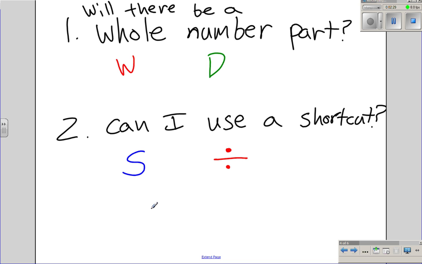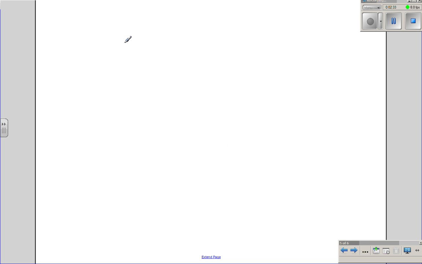So let's do an example problem. If I'm going to convert 3/4 to a decimal, first question, is there going to be a whole number part? Well, look over here. Is this a mixed number? No, there is no whole number right here, so it's not a mixed number.